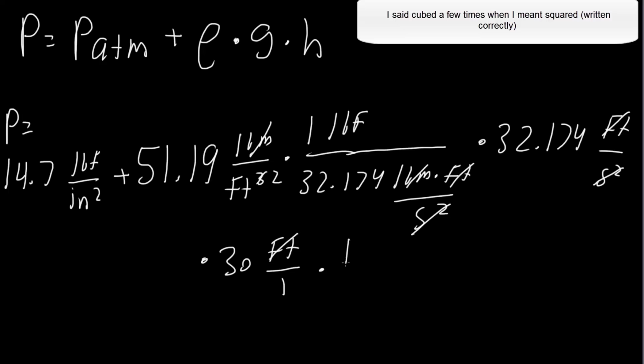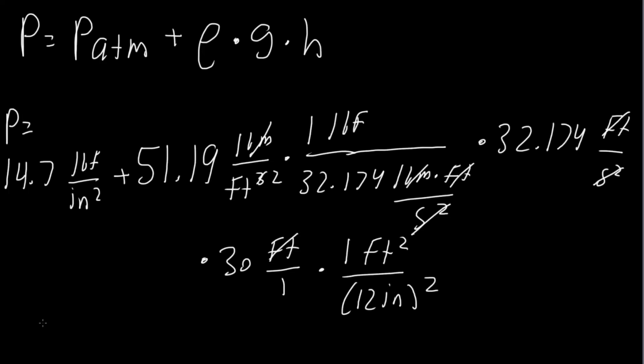We can say 1 feet squared is going to be 12 inches, the whole thing squared, meaning that it's 1 feet squared divided by 144 inches squared. Once we do that, this feet squared would cancel with this feet squared, and we would get pound force over inches squared.